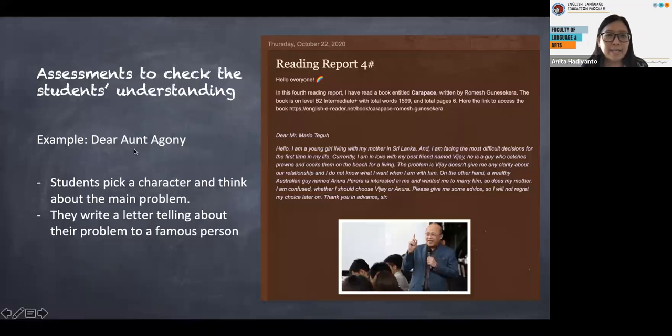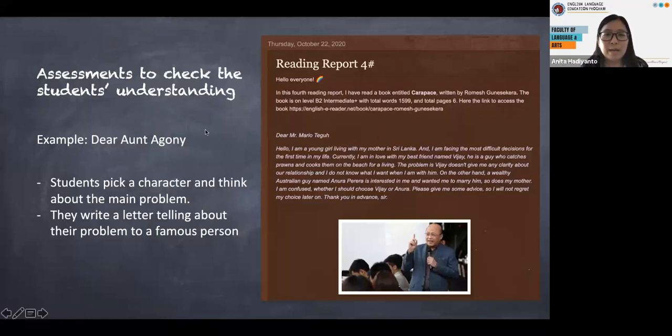After the students read a book, they pick a character and think about the main problem that the character has in that book. Then they are asked to write a letter telling a famous person about the problem. They can choose the famous person they like and pretend as if they are the main character.